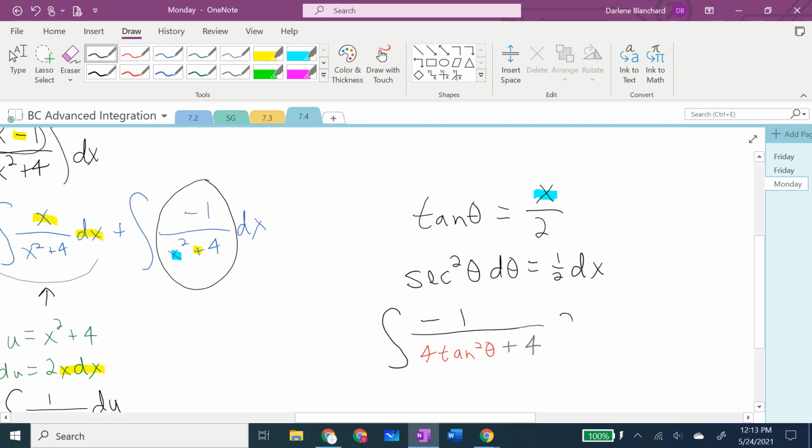My dx is replaced with 2 times secant squared theta d theta. And let me see, I just want to make sure that you see that's x squared.